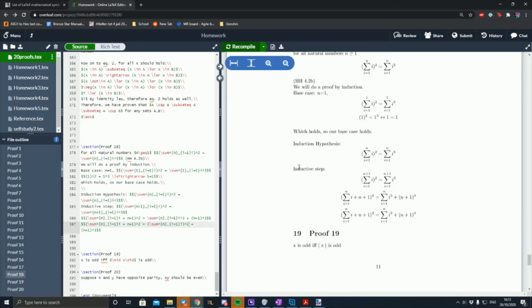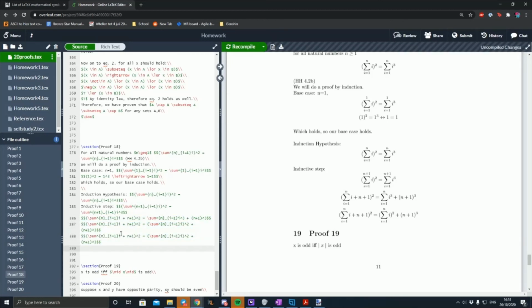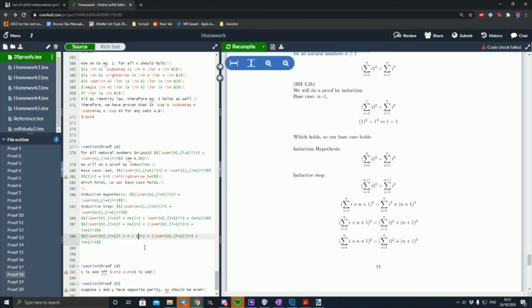Recompile. Yeah, okay, this seems easy. So then I copy this one over and I say plus n plus 1 squared is equal to, which one of these will be easiest to prove?